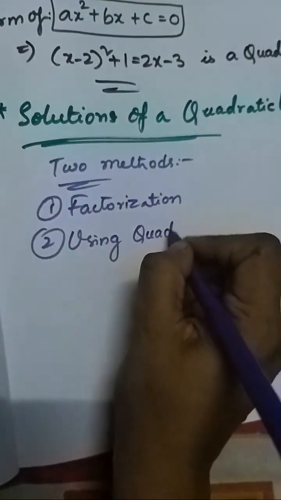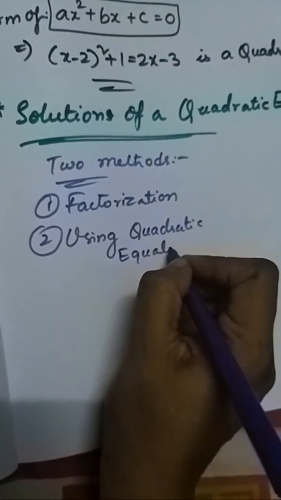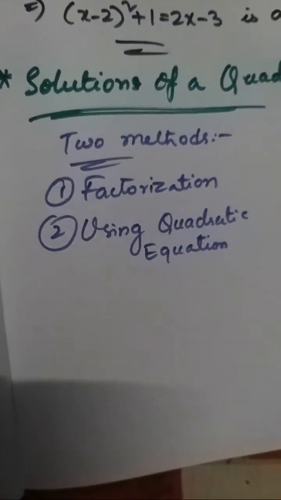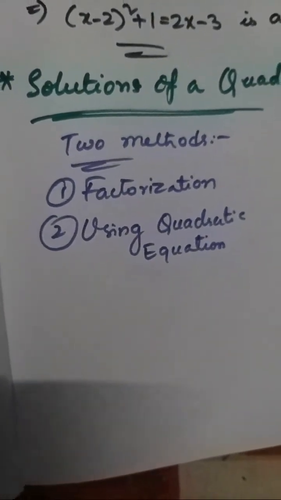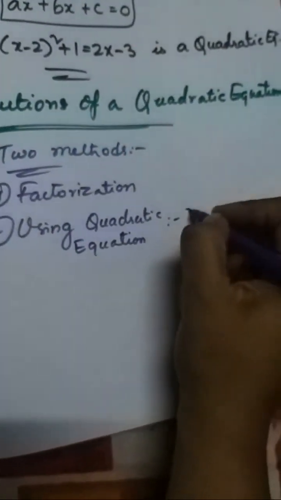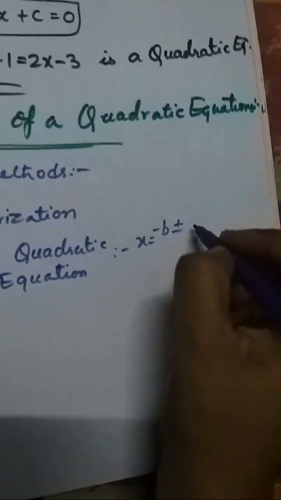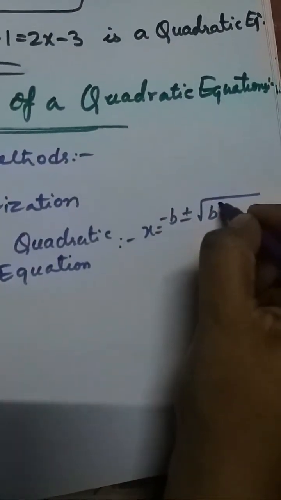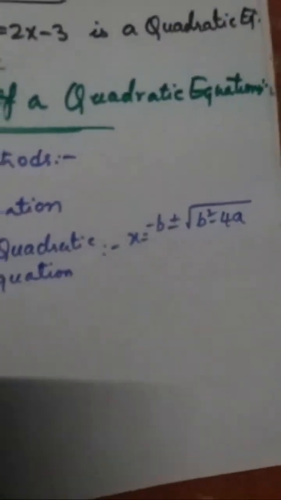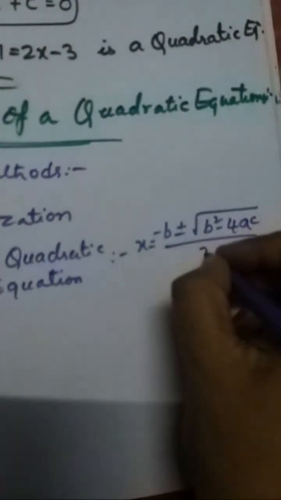Quadratic equation formula. Okay, you have to use the formula, that is x equal to minus b plus or minus under root b square minus 4ac, by 2a.